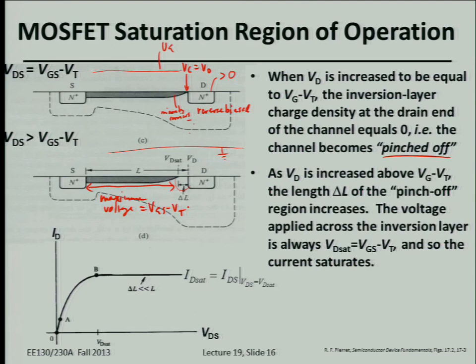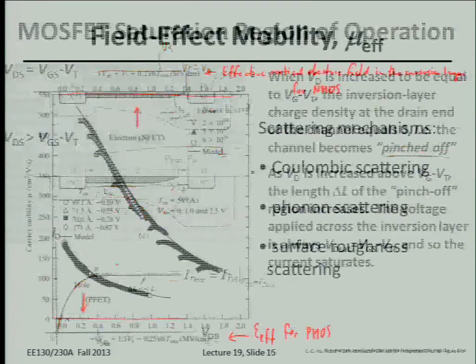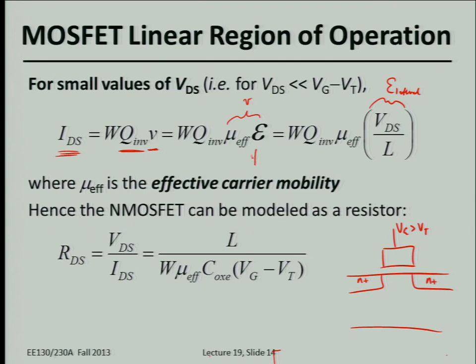Ordinarily, when you turn on the transistor to form an inversion layer, you can increase VDS and increase the lateral electric field, but eventually you will not be able to increase the lateral electric field in the inversion layer anymore because of this pinch-off phenomenon, and so current will saturate. Current still flows, but you can't increase it because you cannot increase the lateral E field across the inversion layer. And remember, it's this lateral E field across the inversion layer that determines the current, the velocity.